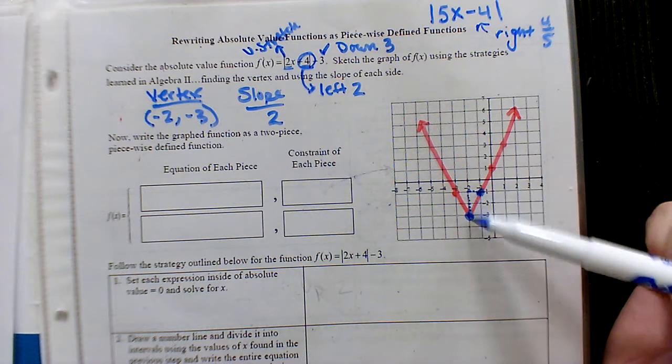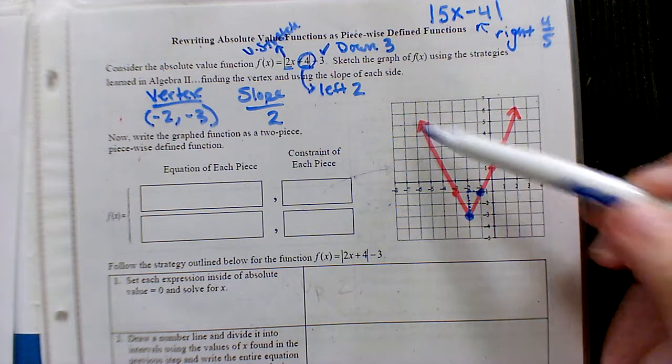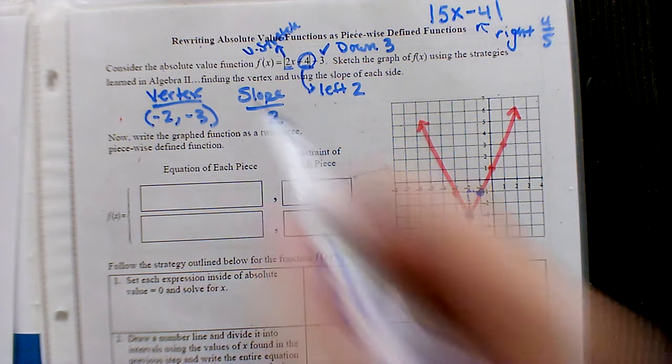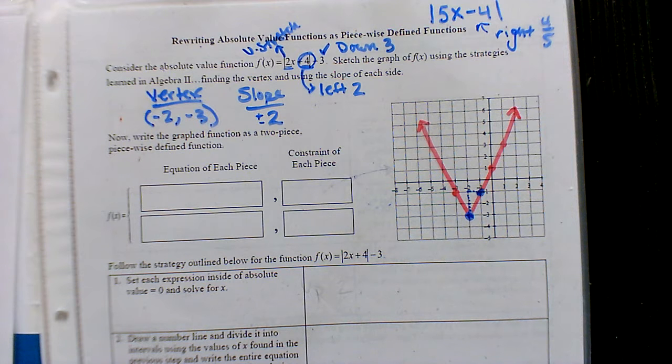What's the slope of the left-handed leg? Yeah, it's -2. So they're going to be the same value, just one's positive, one's negative, because they're going in different directions. So we'll say a slope of positive or -2, because we have those 2 legs.